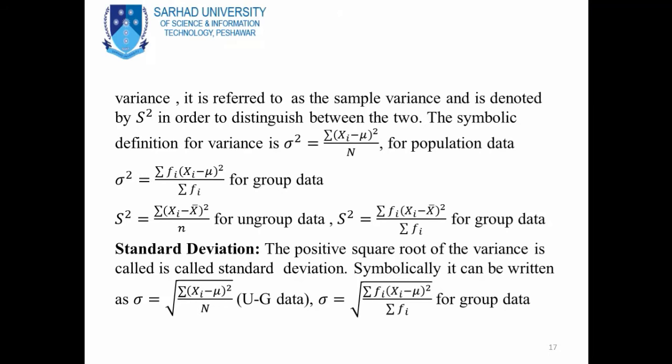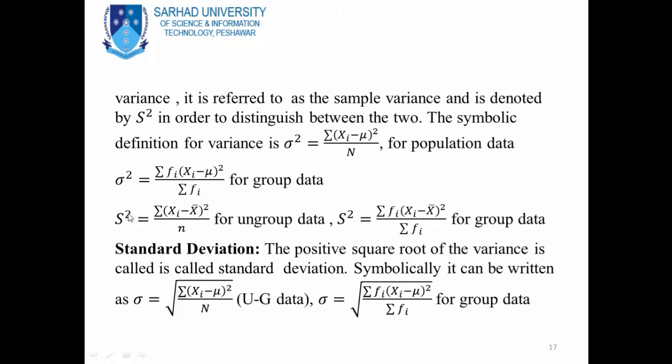To distinguish between the two, the symbolic definition of variance is sigma square equal to sigma of xi minus mu whole square divided by n for population data, and sigma square equal to sigma fi into xi minus mu whole square divided by sigma fi for group data.